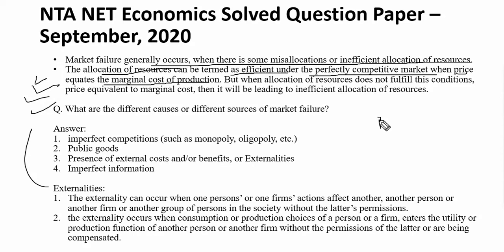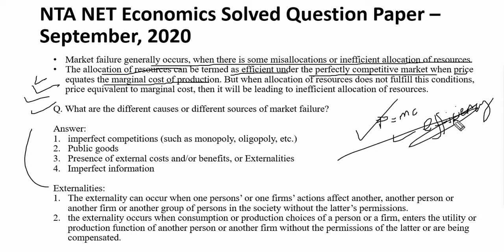So P equals MC. That's the condition of perfect competition, and in that case there is efficiency. However, when this condition is not fulfilled, then there is an inefficient allocation of resources.